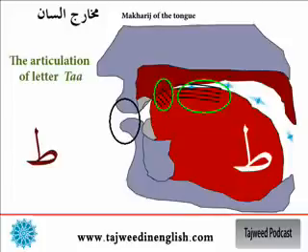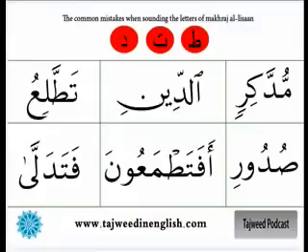So let's see the next common mistakes that appear in reciting or reading some of the words in the Quran, especially when using the letters ta, ta, and dal. These are a few examples. Of course, we can't go through the whole Quran, but if you listen and read with me, we will go, inshallah, bit by bit, highlighting some of these common mistakes that the shuyukh and the qurra, and also I myself, came across among the students who pronounce some of the words not in a correct manner.